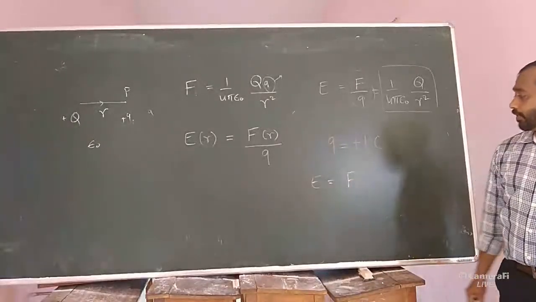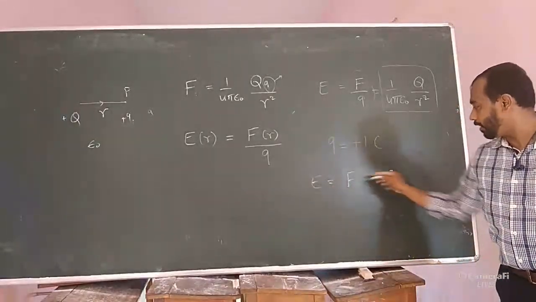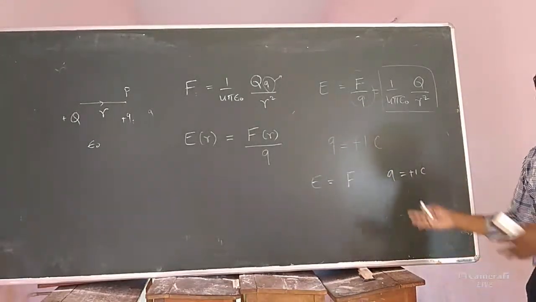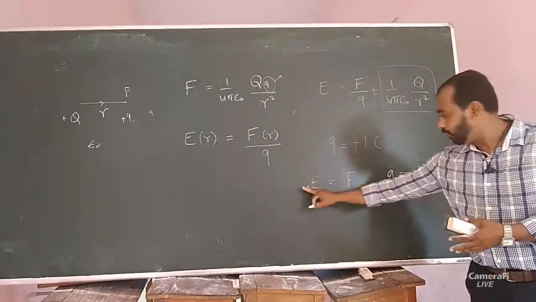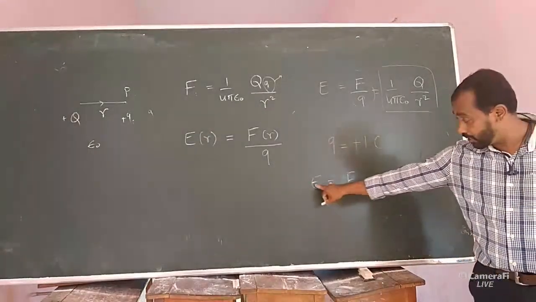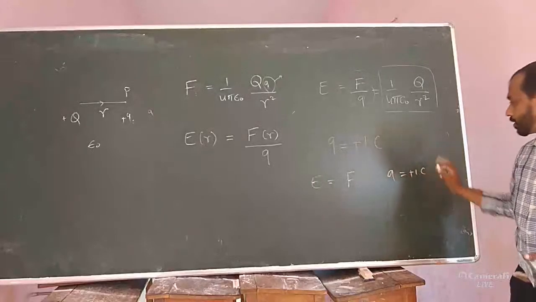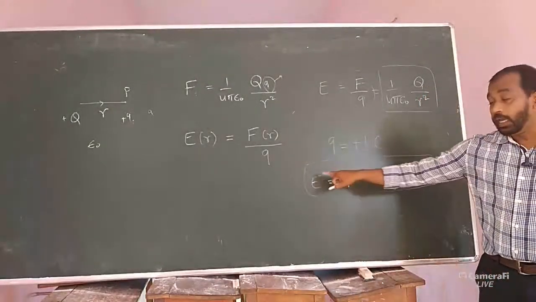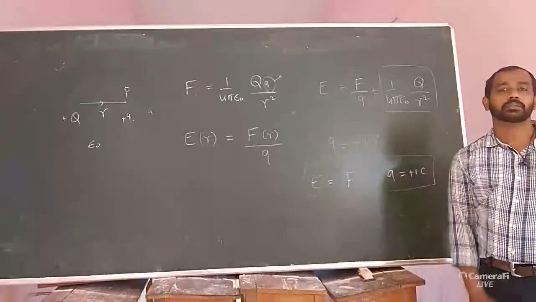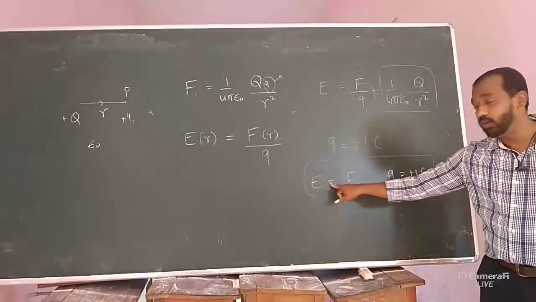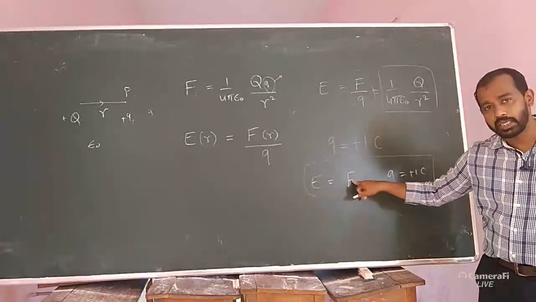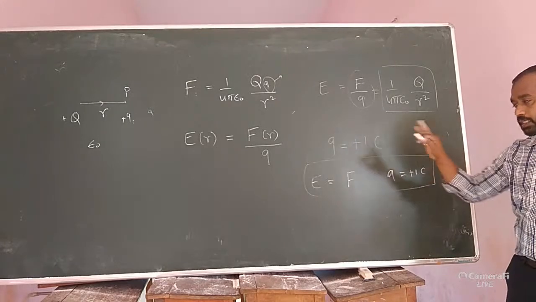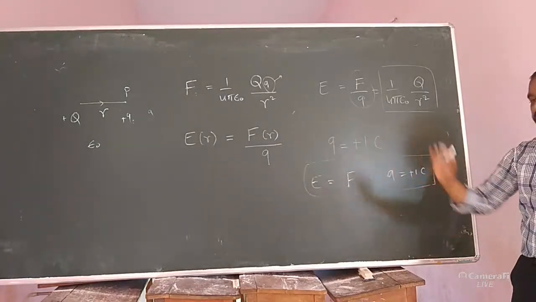When q is equal to plus 1 coulomb, E is equal to F. Therefore we can express the definition of the electric field based on this expression. Electric field at a point is equal to the force experienced by a unit positive charge placed at that point. So that's the definition of the electric field.